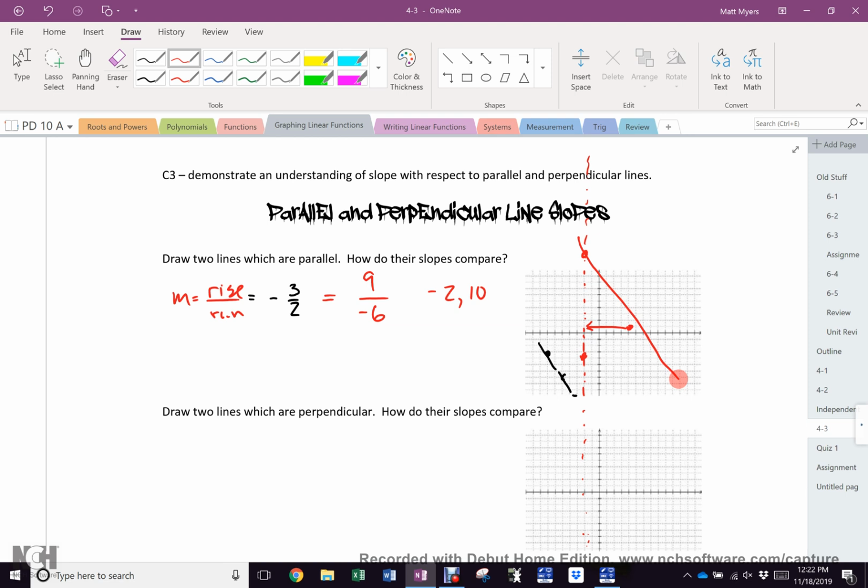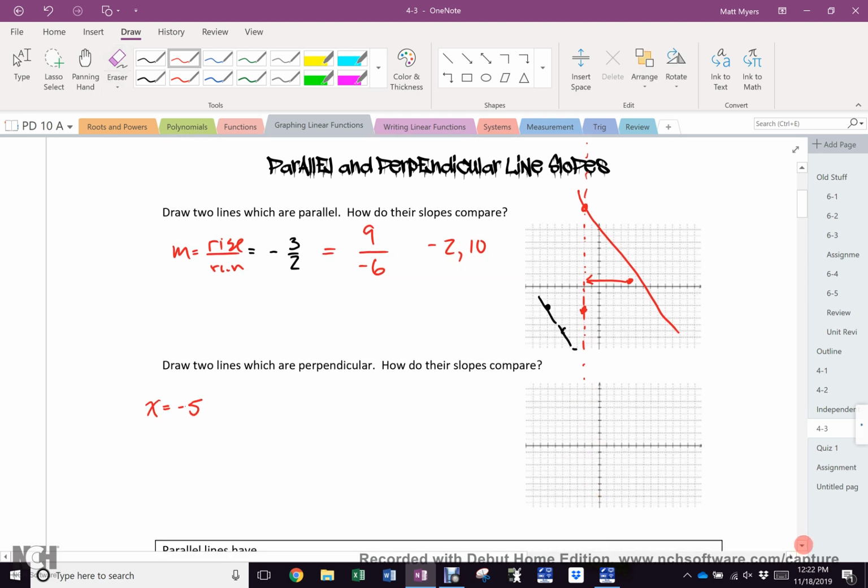Okay. So what's the easiest definition of perpendicularity? What Jordy just showed us. This, right? So everybody draw the line x equals -5 on the second graph down here. Yeah? Easy peasy lemon squeezy, right?